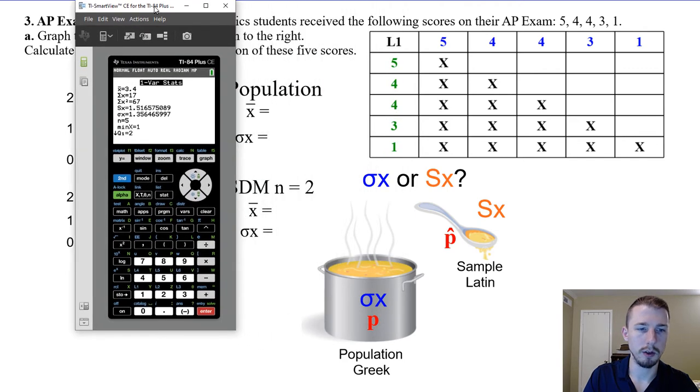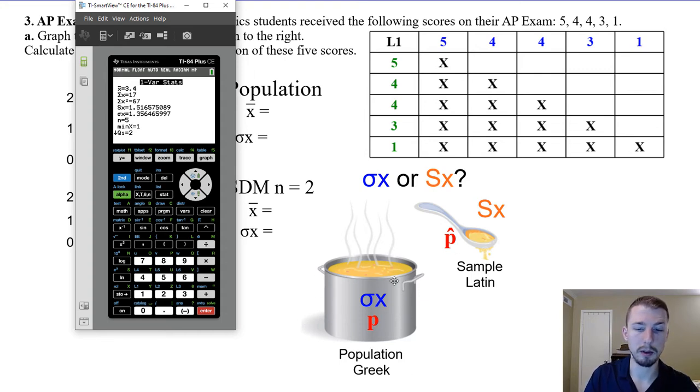Now we do need to take a look at the different standard deviations you have here. One of them is the standard deviation for the sample. One of them is the standard deviation for the population. The population is if we are looking at the entire group, so we have a census in this case. It's not a sample. We knew all 5 of the scores for all 5 of the people in that class. So that's actually the population.